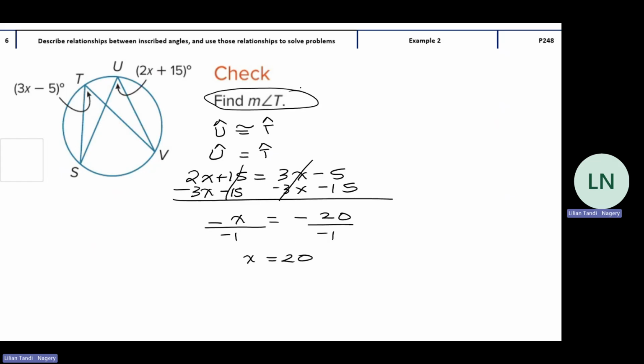I want angle T. So then I will write angle T is equal to 3 parentheses x minus 5. 3 multiplied by 20 minus 5, 60 minus 5, and this will give me 55 degrees. And I box my answer.